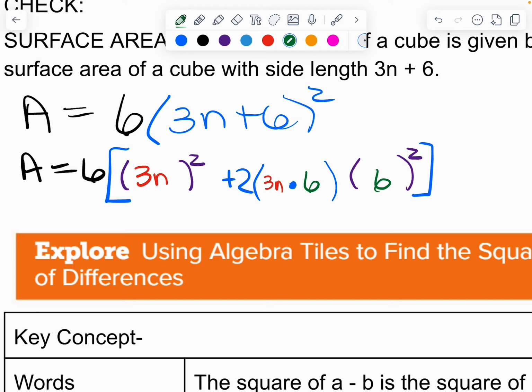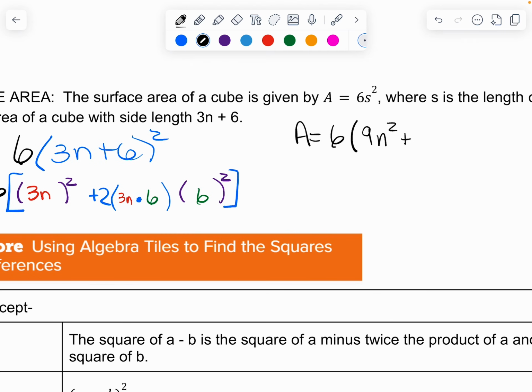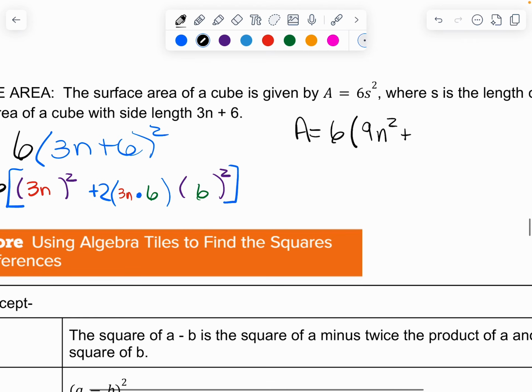So if I was to multiply this out, I'm going to put it off to the side over here. A equals 6 times. So that's going to be 9n squared plus, that's going to be what? 36n? Is that right? That would be 18 times 2, yep. Plus 36.